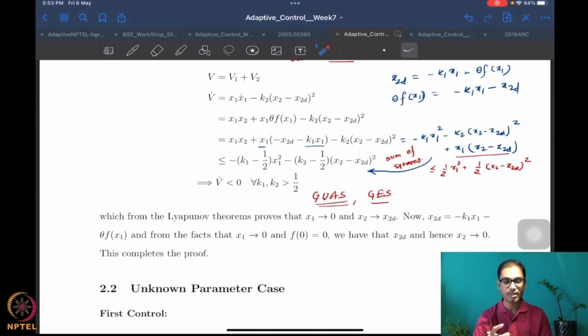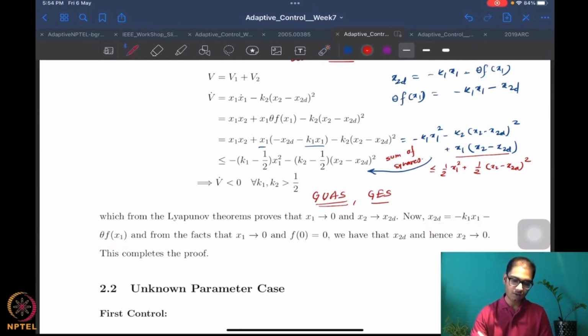So this always remains a question: did the construction of the backstepping error variable actually mess with our tracking or stabilization control objective? In this case also the answer is no under certain assumptions. So what are those? x1 goes to 0 is obvious, x2 goes to x2 desired, and x2 desired was this quantity.